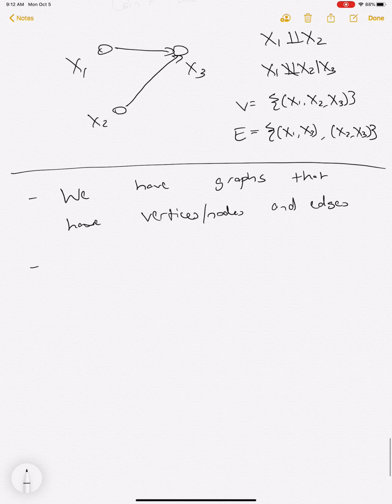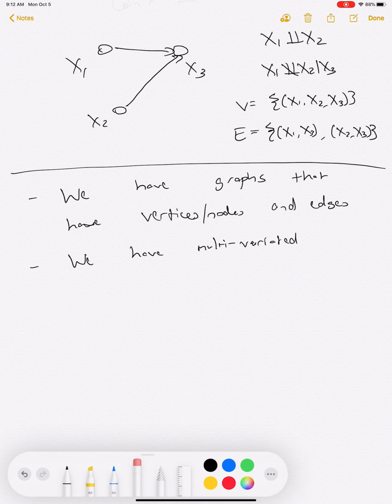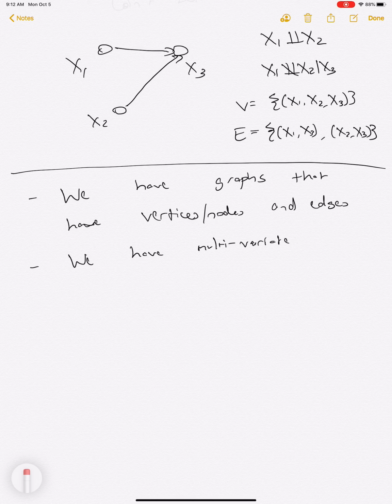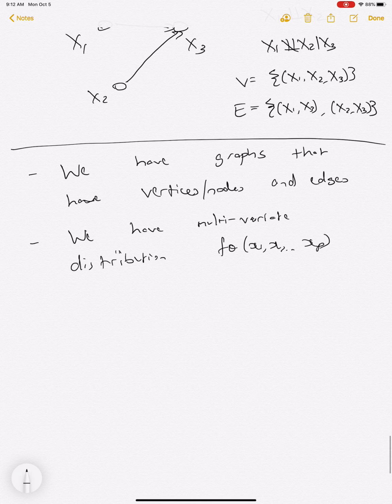And then we also have multivariate distributions. We have a multivariate distribution, f theta of x1, x2 up to xp, that has conditional independence relationships.